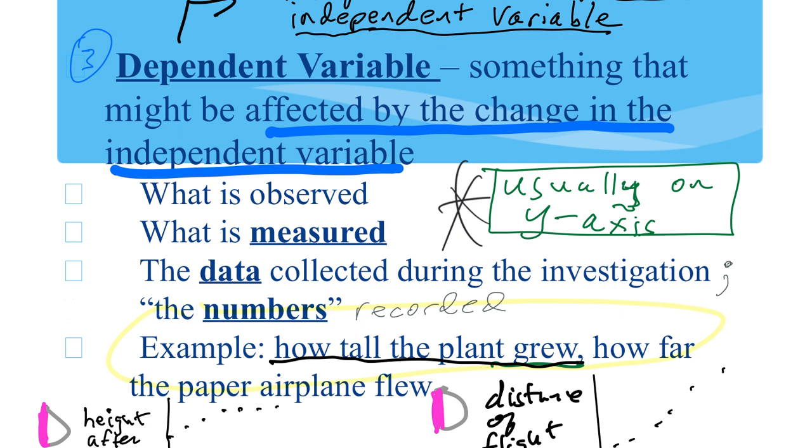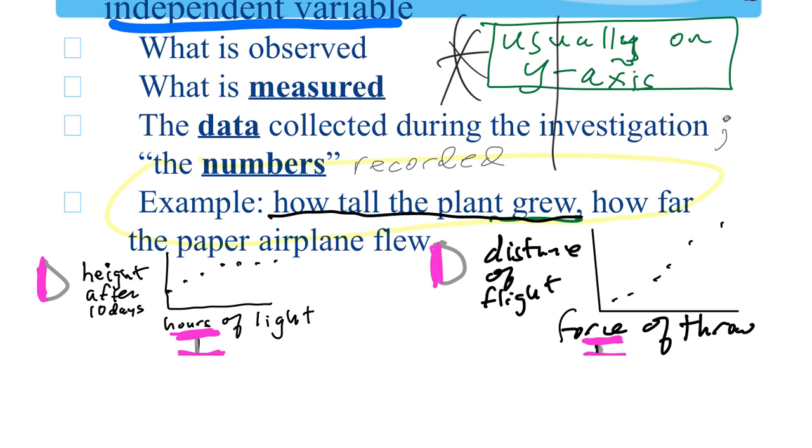So one of the videos I show you has dependent on the y-axis and independent on the x-axis. So just think of the D. You make that piece of the D is up and down, and the I has the horizontal parts, which would be the x-axis.